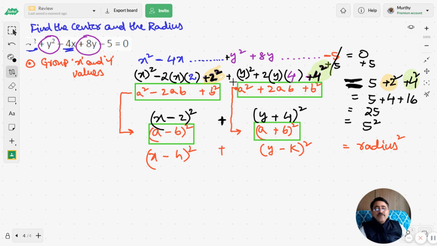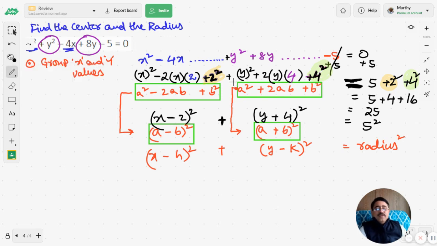And you see here, x and x are matching, negative sign matching. What is h value? That's going to be 2, right?